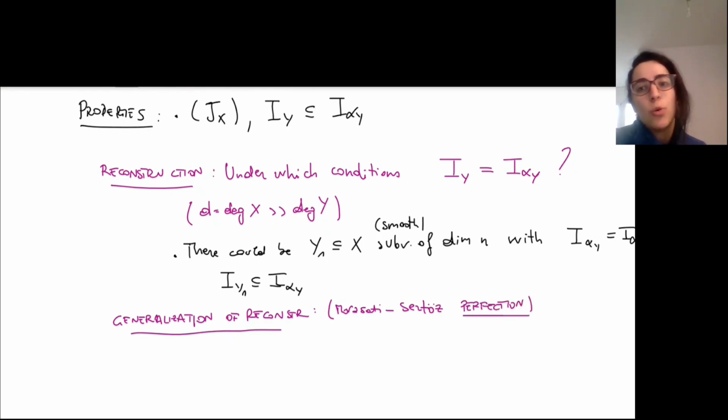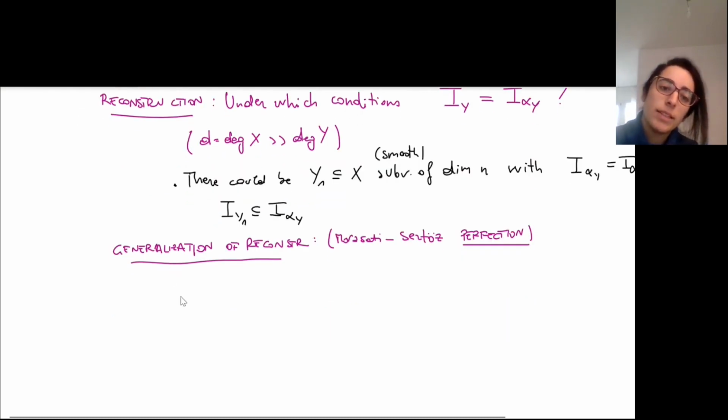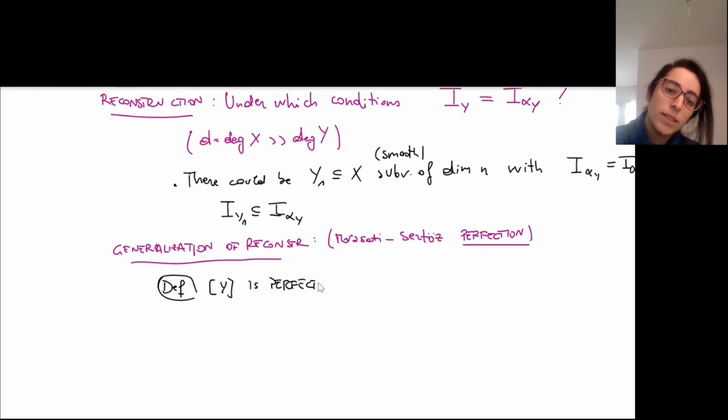So what we can hope for lower degrees is that the class of Y is perfect. Those are always graded ideals, so degree by degree.